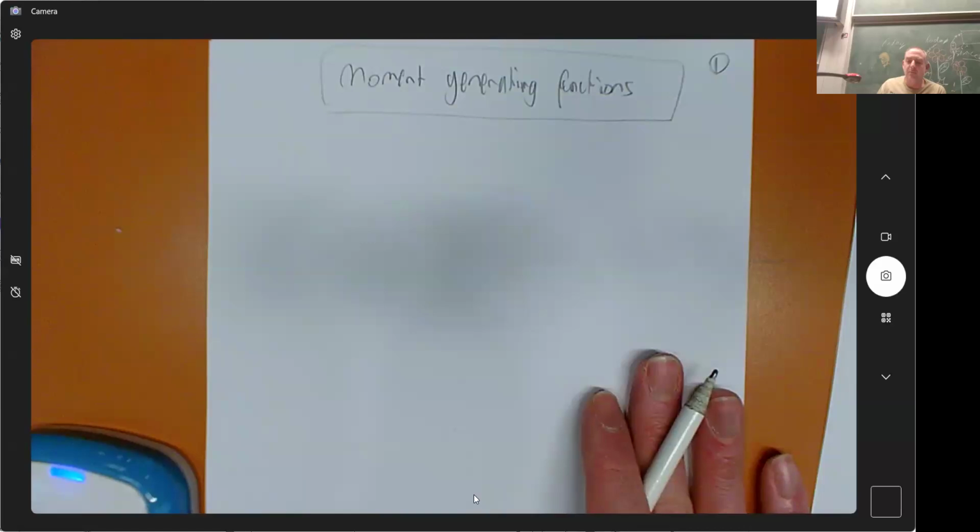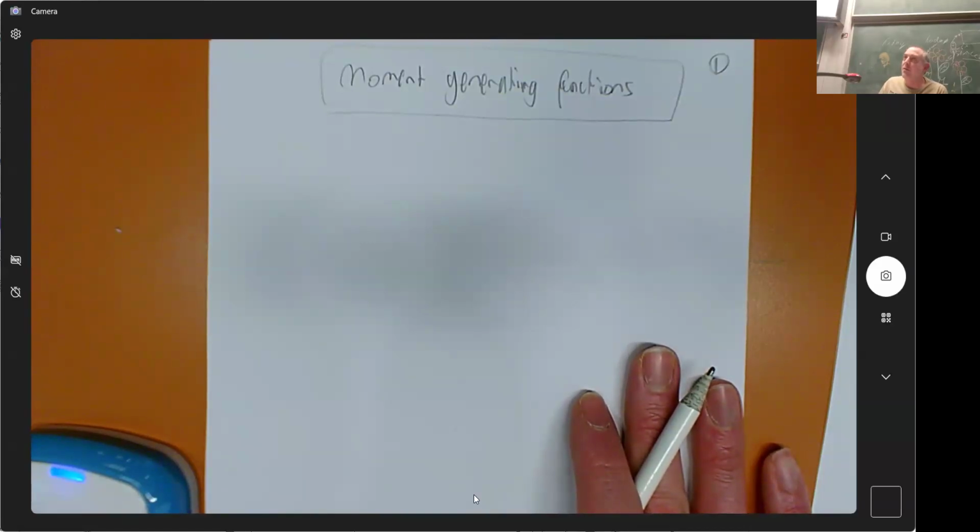So when a mathematician says generating function, that is a function that in some sense will generate the thing it's supposed to generate, but it may not generate them in the same way. Moment generating functions generate moments, and probability generating functions generate probabilities, but they do them in their own separate ways.